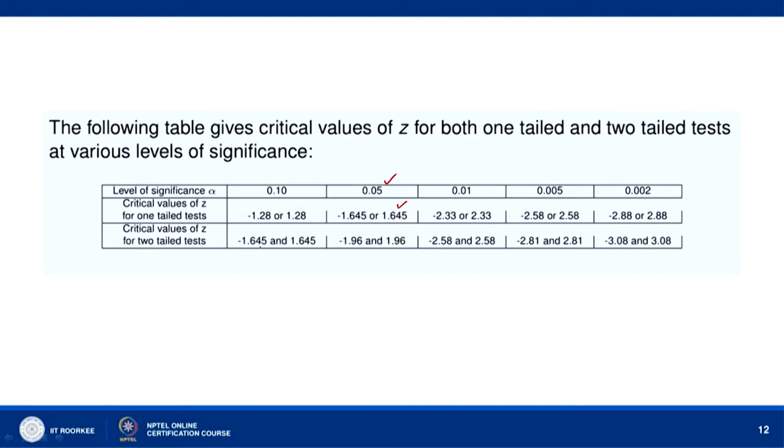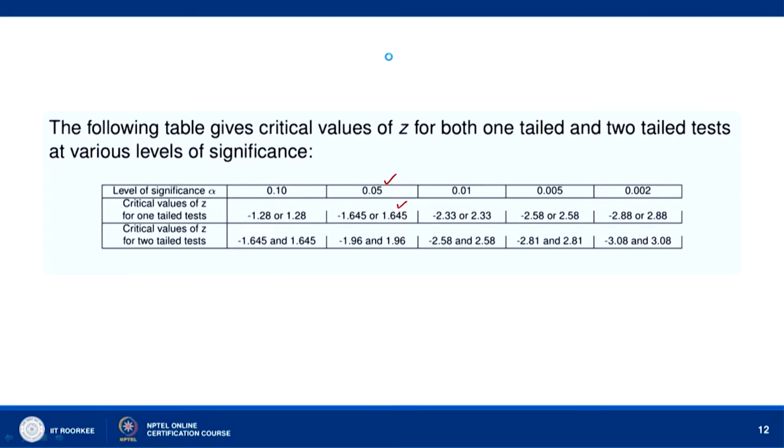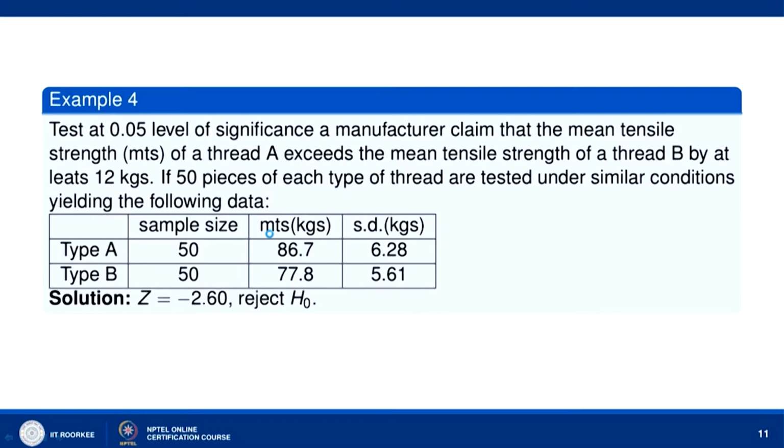the values of z are, let us see, we have to find the value of z from here. The values of z are minus 1.28 and 1.28. So, at alpha equal to 0.10, the critical values of z are minus 1.28 and 1.28.